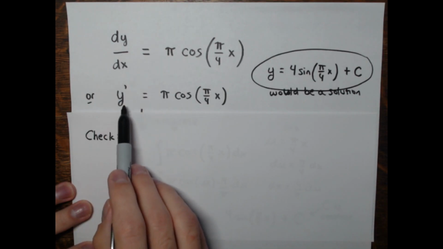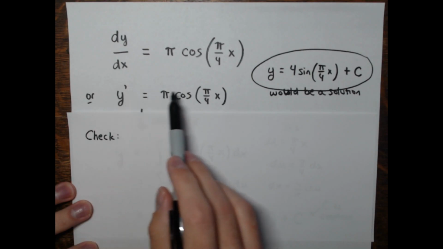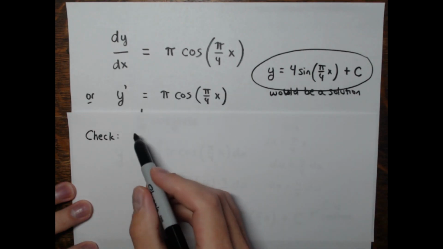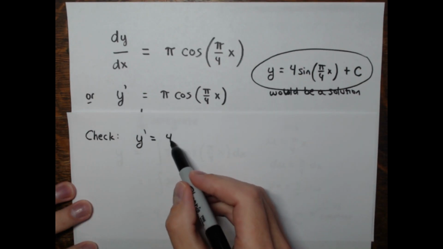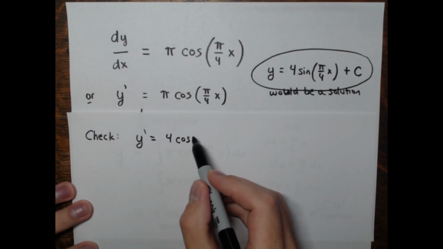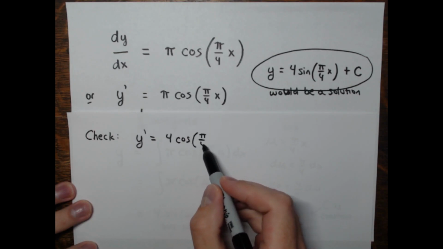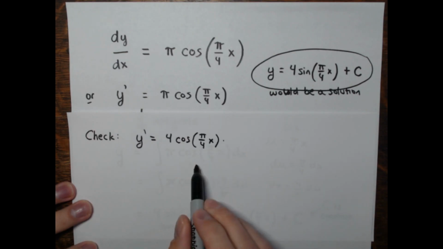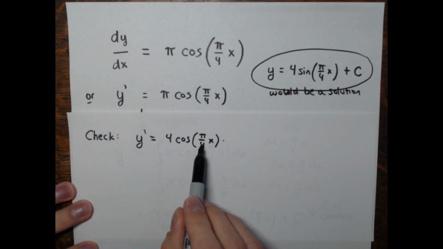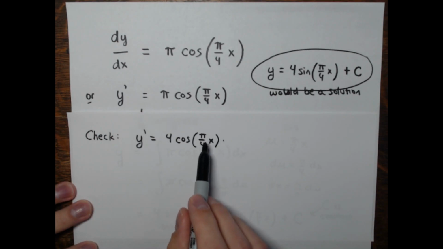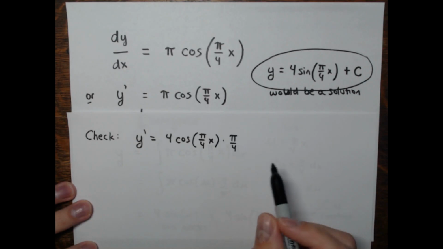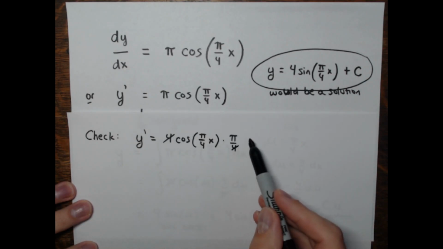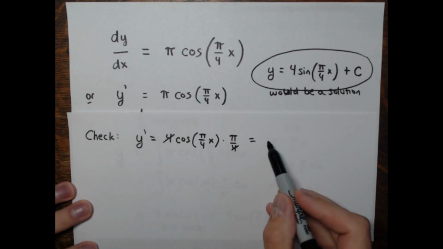Now, all I need to do here is replace y prime. This is y, find y prime. Y prime would be 4 times the cosine of pi over 4 times x, but then you have to apply the chain rule here. Multiply by the derivative of the expression inside, that would be times pi over 4. And then you see the 4's canceling, and I do get the expression on the other side.